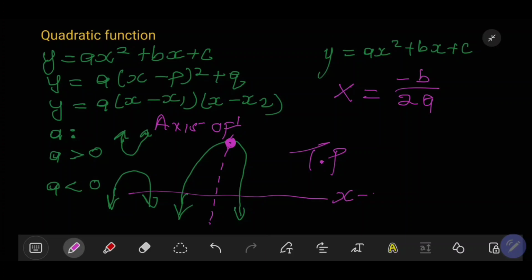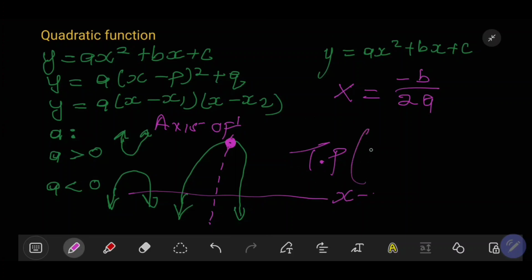If we know the value of the axis of symmetry, to obtain the y value we have to substitute it into the original function of the graph, because the x turning point of this function is the axis of symmetry.